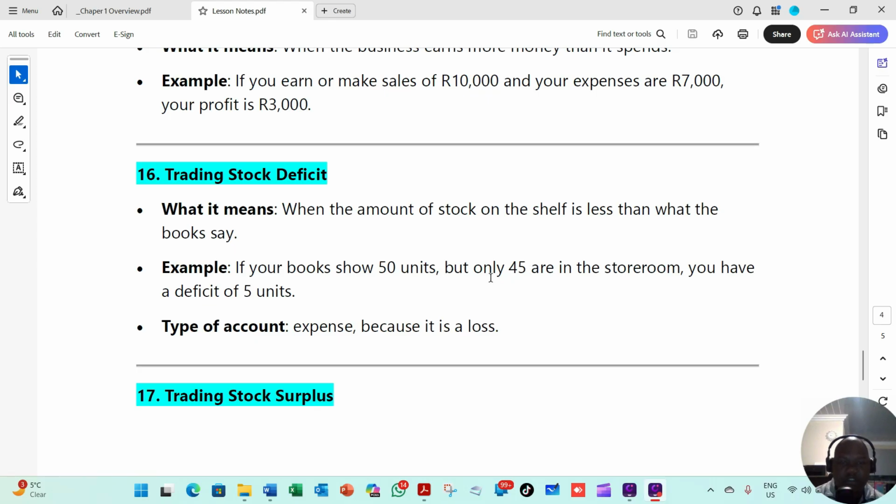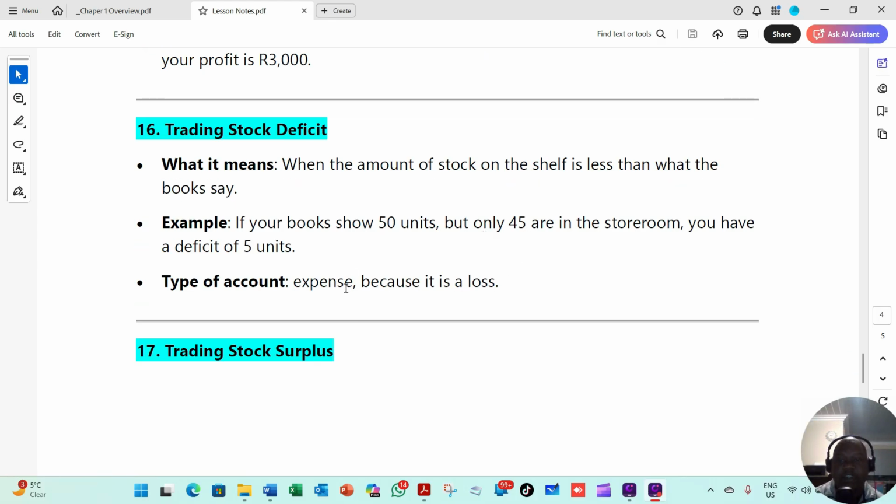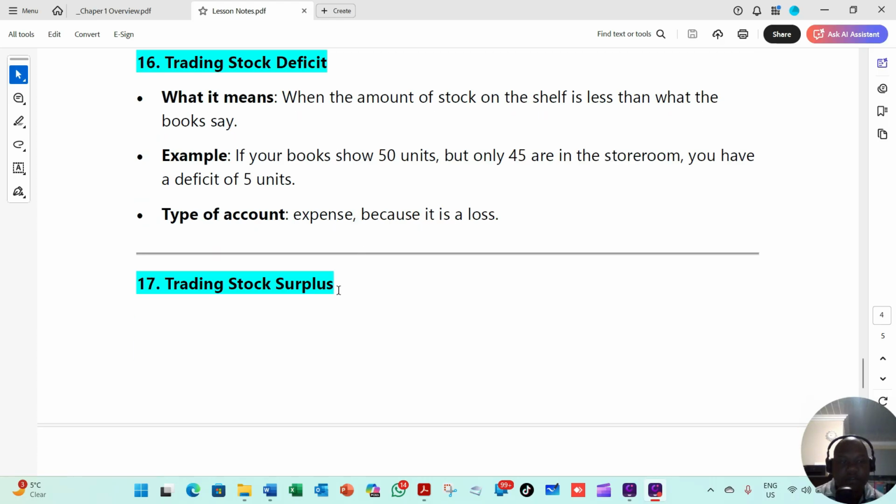So there is a loss here, because what the books say should correspond with what is in the warehouse. But when you find that in the warehouse there is a shortage, then there is a stock deficit or stock loss. And this is an expense account. You're going to show this on your income statement.